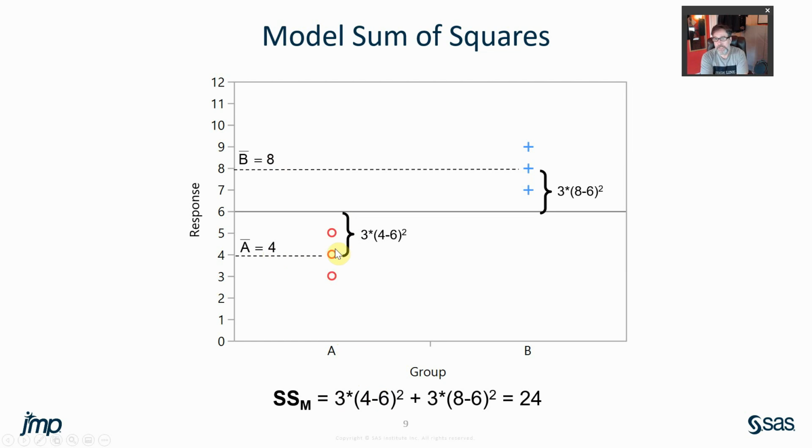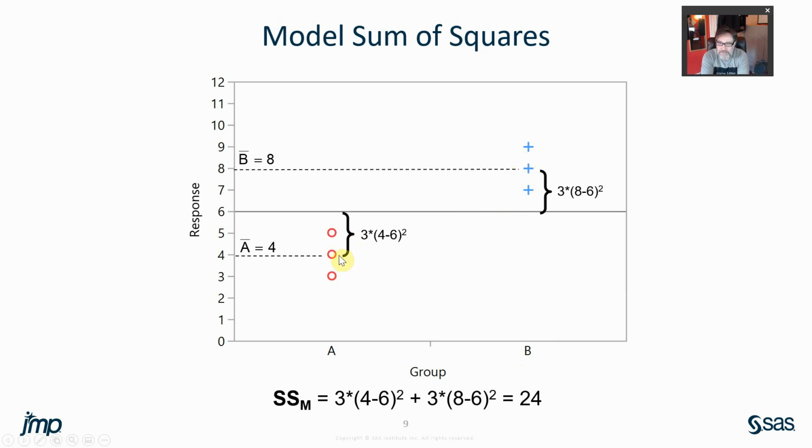So we're just saying that minus the overall mean 3 times. That is our model, and what we have there is a value of 24.